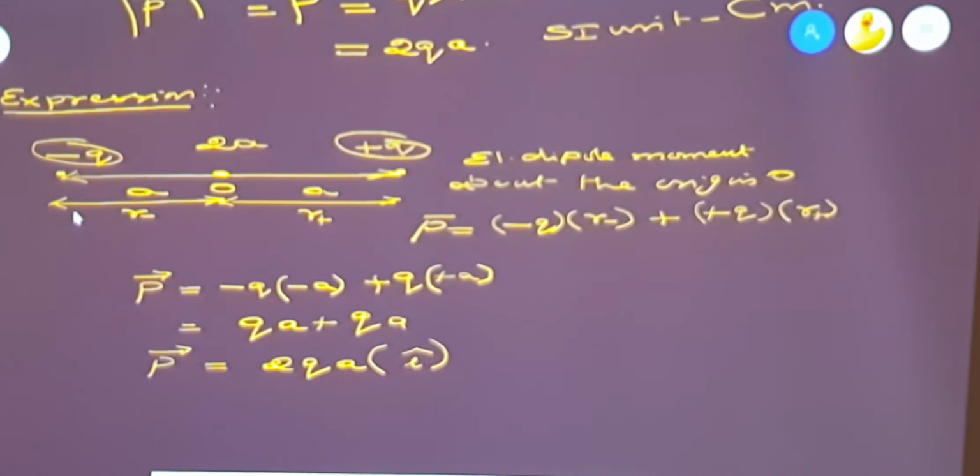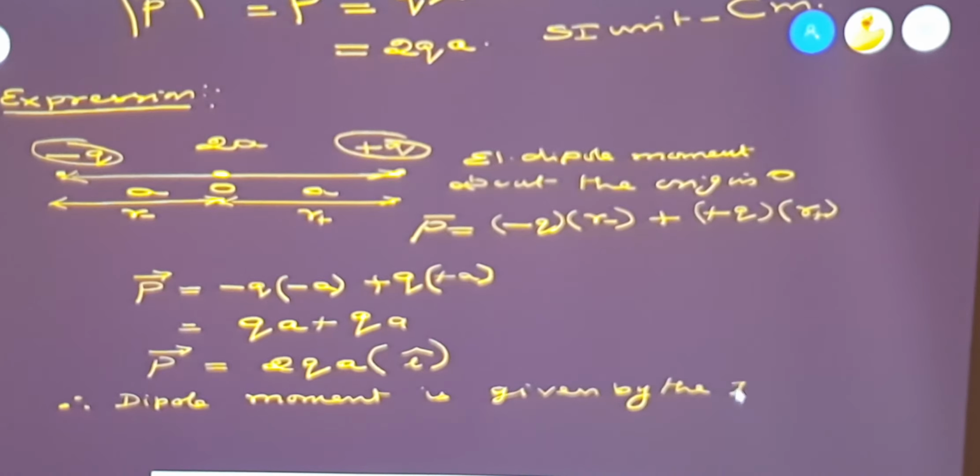So the dipole moment has its direction from minus Q to plus Q. Therefore, the electric dipole moment is given by the formula P vector equals 2QA, the magnitude, multiplied with i cap.